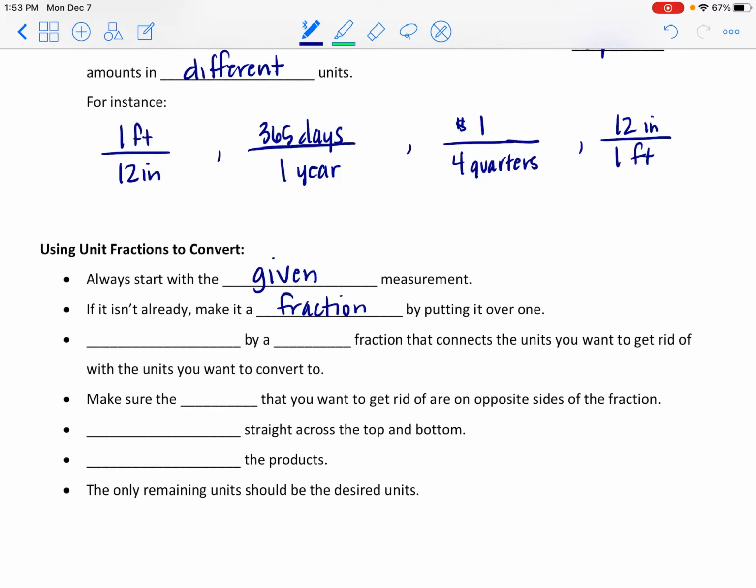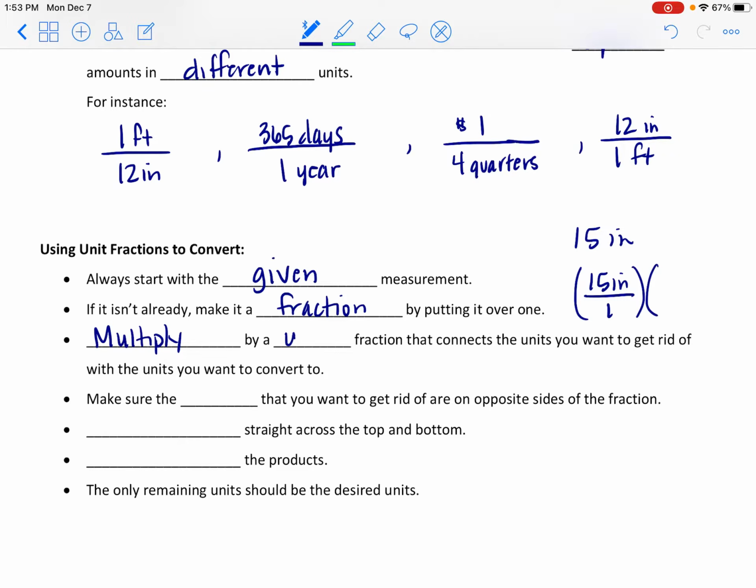So for instance, if you started out with 15 inches as your given measurement and you're going to convert to something, start out by making 15 inches a fraction by putting it over 1. And then we're going to end up multiplying it by 1 or 2 or several unit fractions, depending on what we've got to convert to. So I like to put it in parentheses. And then what you're going to follow it by is a unit fraction.